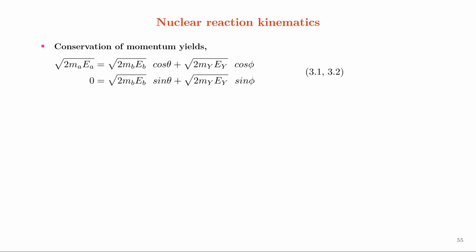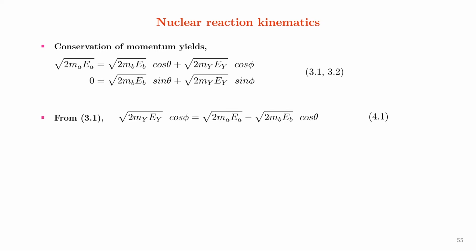When we write the conservation of momentum, we have square root of 2 MA EA equal to square root of 2 MB EB cos theta plus square root of 2 MY EY cos phi. Also, 0 equal to square root of 2 MB EB sin theta plus square root of 2 MY EY sin phi.